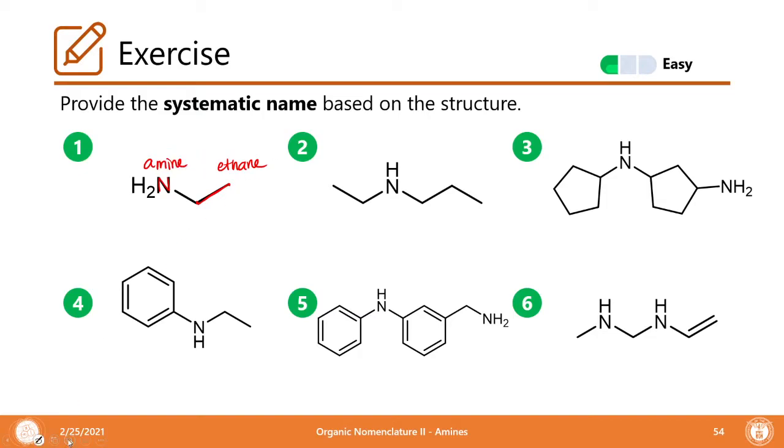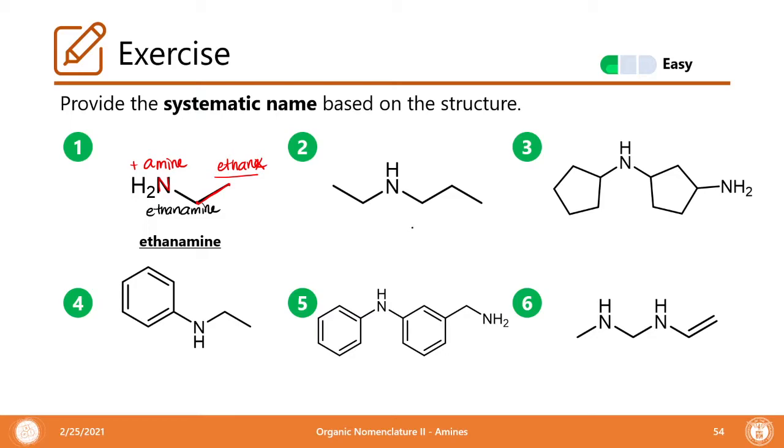And so we assemble ethane plus the word amine, and since we're starting with a vowel, we must end in a consonant. So we'll remove the E. And so when we assemble the name, it would be ethanamine. There we go. Ethanamine.